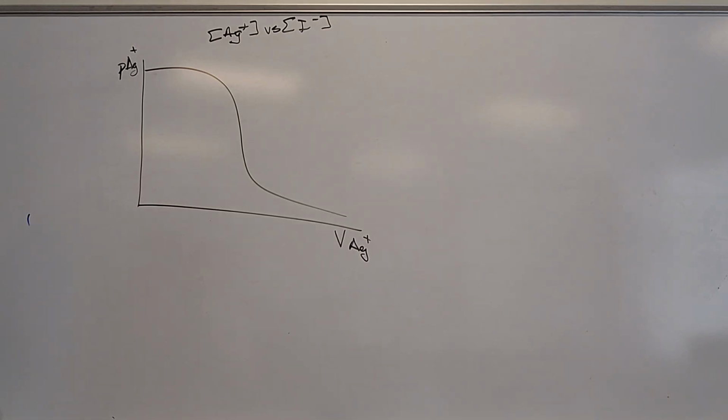Is it exactly the same graph for every concentration of iodide? No. What if I diluted the iodide? What would that do to the shape? It would shrink it.